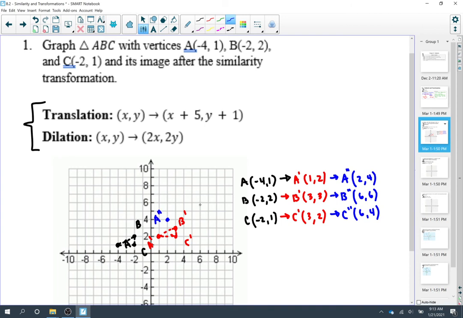And then this one, I'm going to make a solid line. And that is considered your non-rigid motion because it did not maintain the size of the shape. It made it larger by a scale factor of 2.